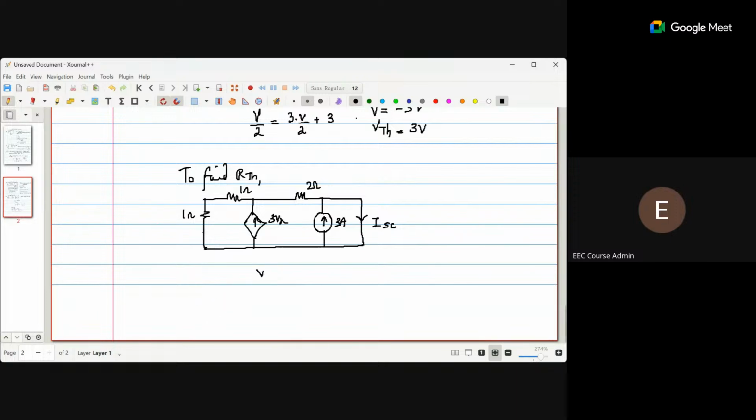So here V by 2 plus V by 2 is 3Vx, because this 3 ampere is in parallel to this one. I can mark here again V.